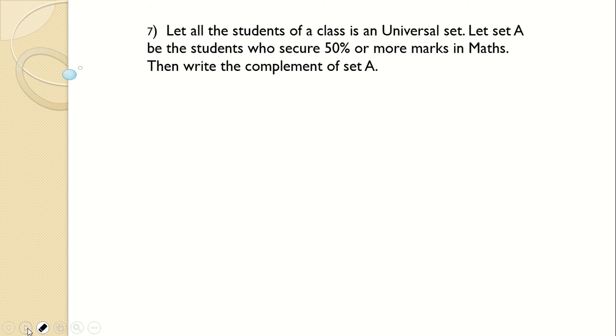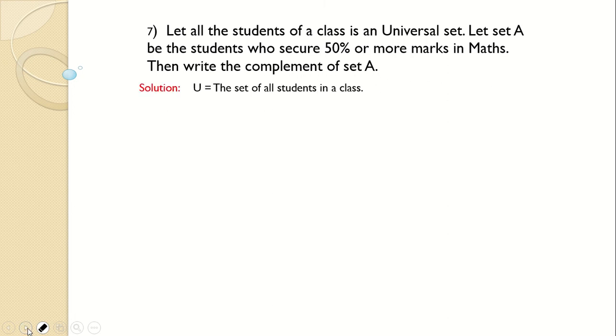All the students of the class who secure 50% or more go in set A. So the remaining are those who secure less than 50% marks. They will be the complement.